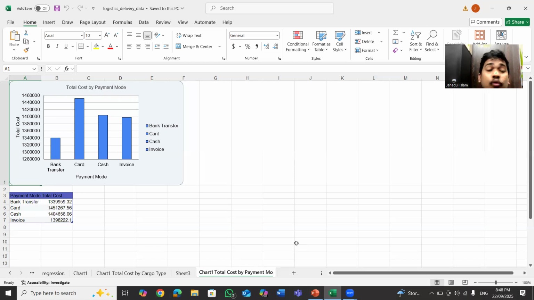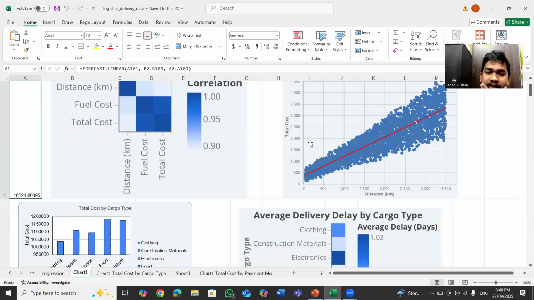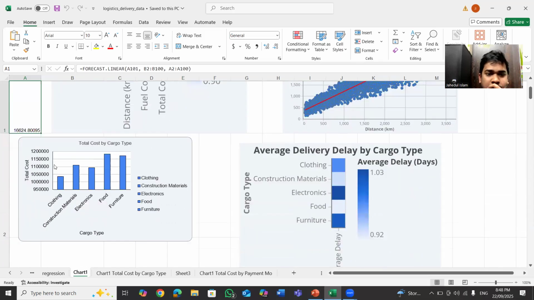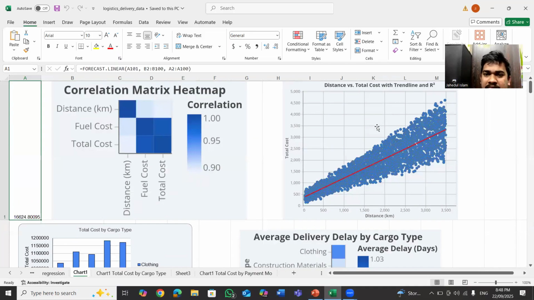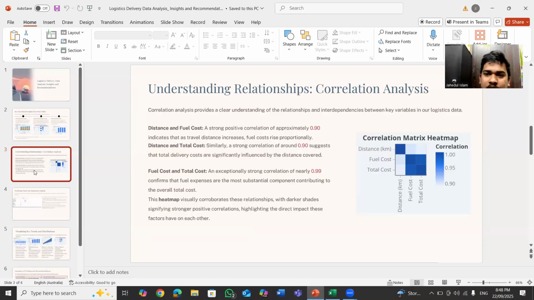So if I talk about the correlation, let's go to the correlation. This is the correlation of all of the graphs we mentioned: total cost by cargo type, average delivery delay by cargo type, distance by cost, and all. So I just made a summary slide so that it will be easy to understand.